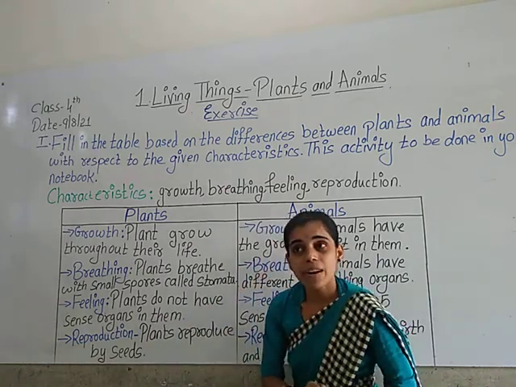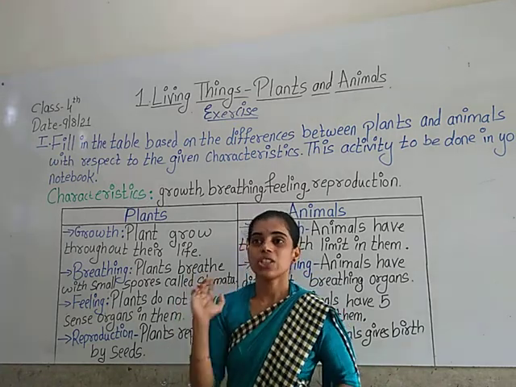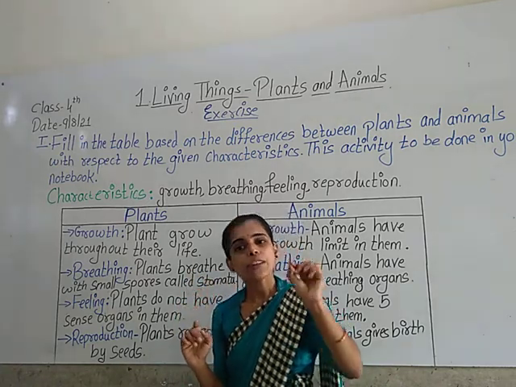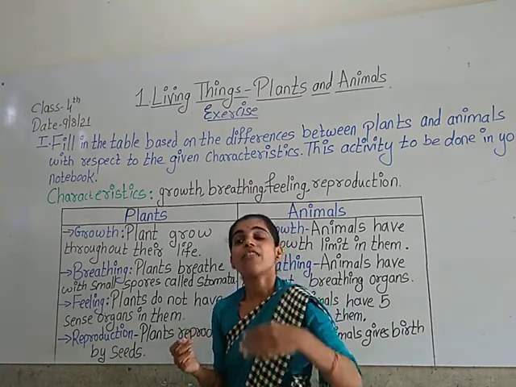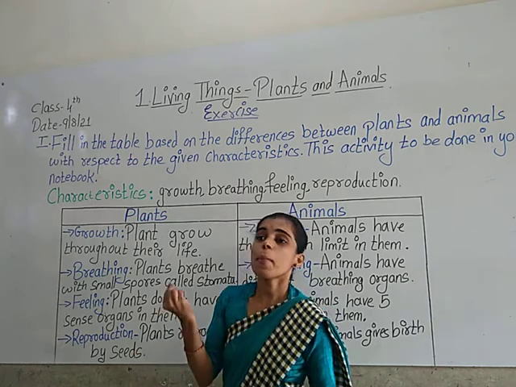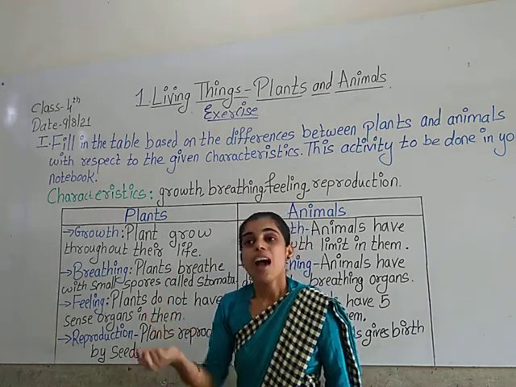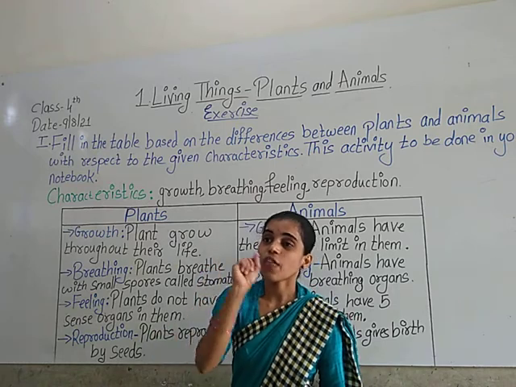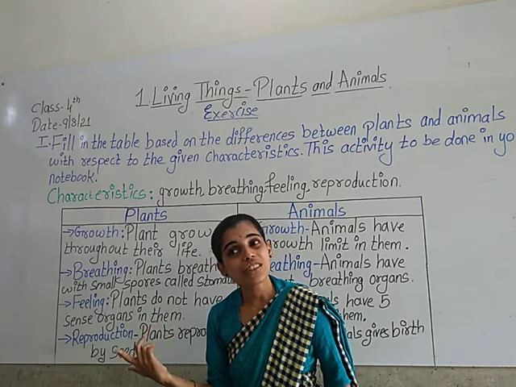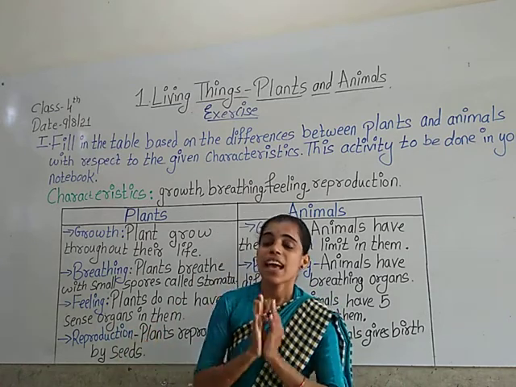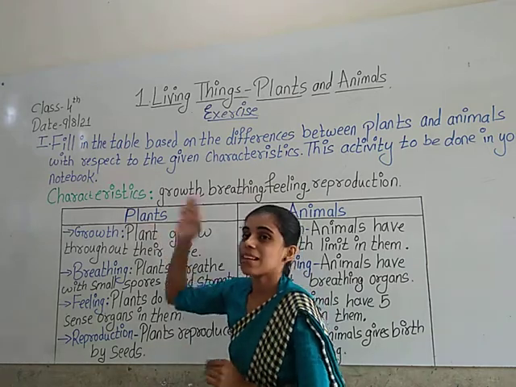For example, I will take the seed of a neem plant and put that seed in the soil. After 1 week, after 2 weeks, a small neem plant will grow. So there is reproduction by seeds in plants.